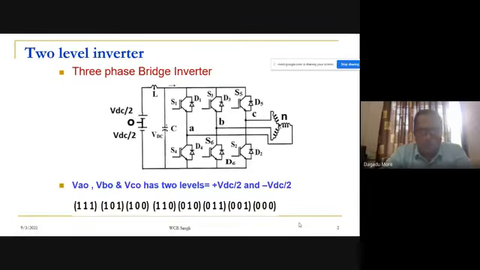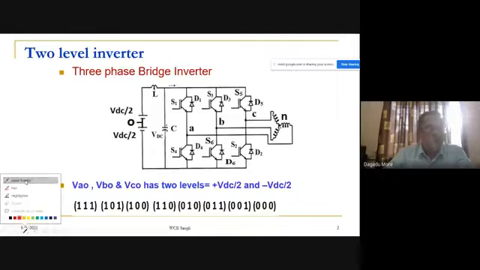Yesterday we started with a two-level inverter, our conventional bridge inverter, as shown in the figure. This will be a two-level inverter. Last time we discussed the concept of pole voltage.